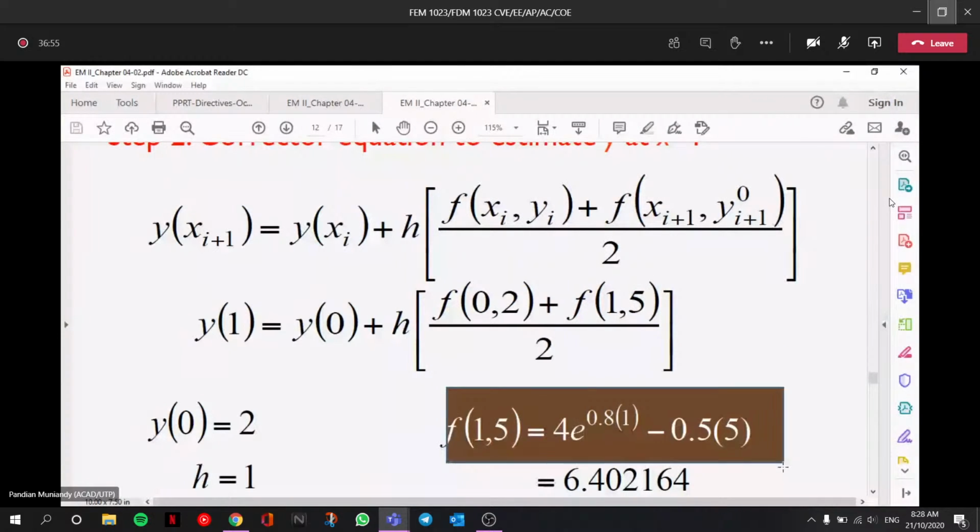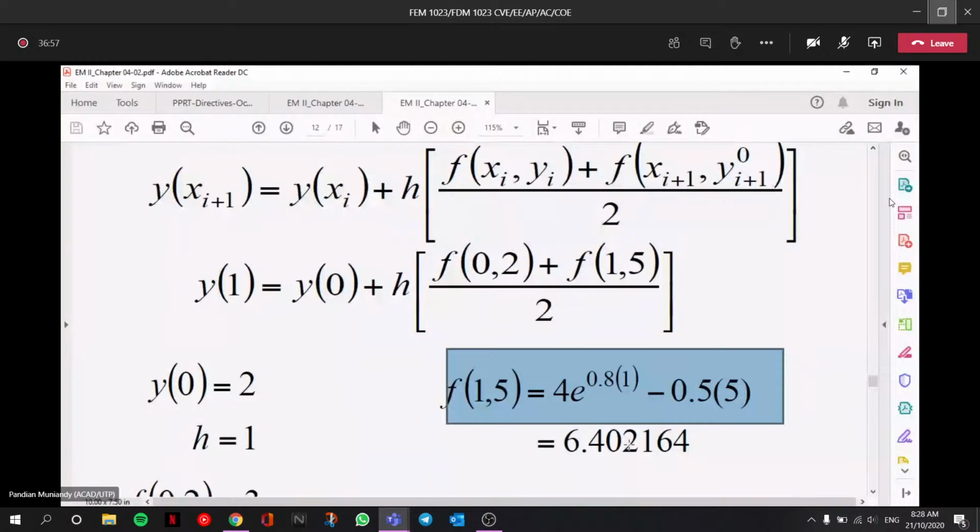Use your calculator, check now. This one you have to verify. Let me know because you are the one doing it now. Please pay attention. f(1,5) equals 4 multiplied by e power 0.8 multiplied by 1, minus 0.5 multiplied by 5. Do it now with the calculator.